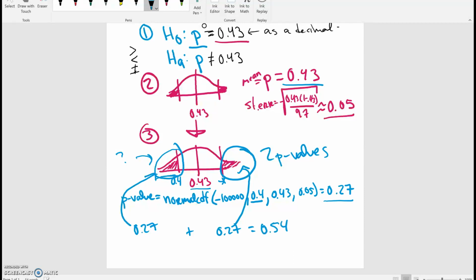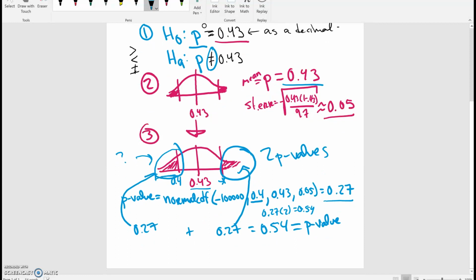Okay, so this is my p-value. You could have also multiplied it by 2. You could have done 0.27 times 2 and you get 0.54, right? This only works if you have a two-tailed test. So if you have a not equal to, this is when you have to multiply it by 2. Because if we only had one p-value, then we would use normal CDF and then we would be done.